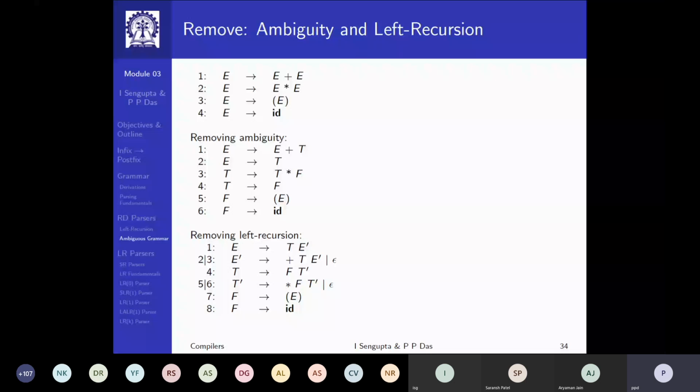But what we will try to do is finally come to a form of parser which can work in a very easy way. It can work with an ambiguous, left or right recursive, every kind of grammar. And we'll go on to the parsers for those.